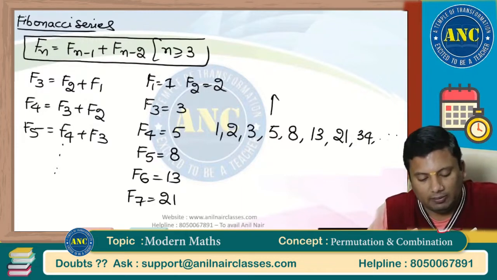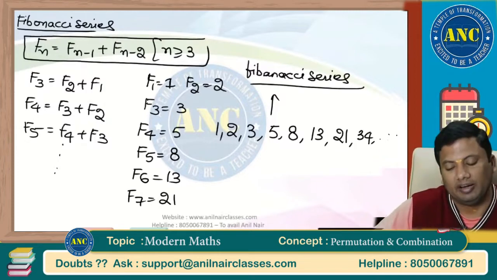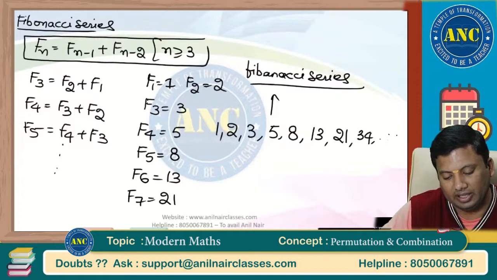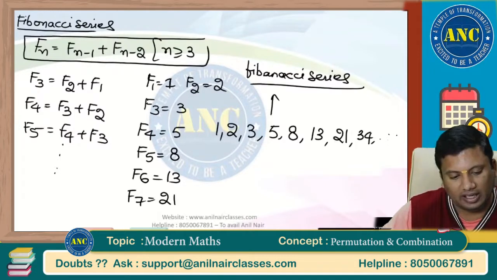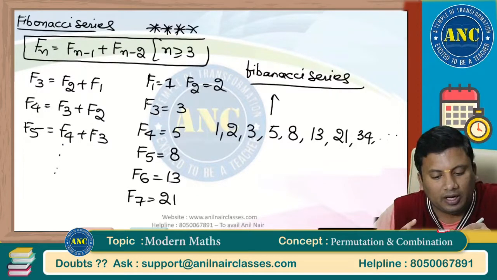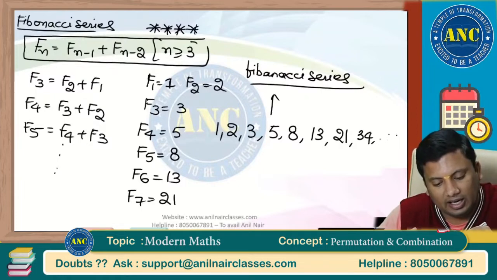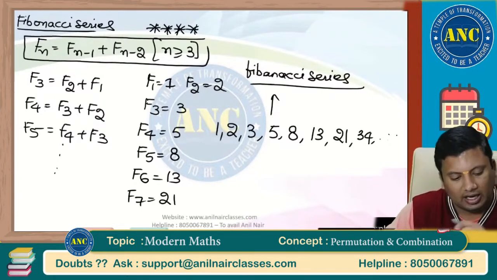This is nothing but the most popular Fibonacci sequence, which starts with F1 equals 1, F2 equals 2, F3 equals 3, F4 equals 5, F5 equals 8, F6 equals 13, 21, 34, and so on. This series is called the Fibonacci series. It is of the pattern Fn equals Fn minus 1 plus Fn minus 2, n greater than or equal to 3.